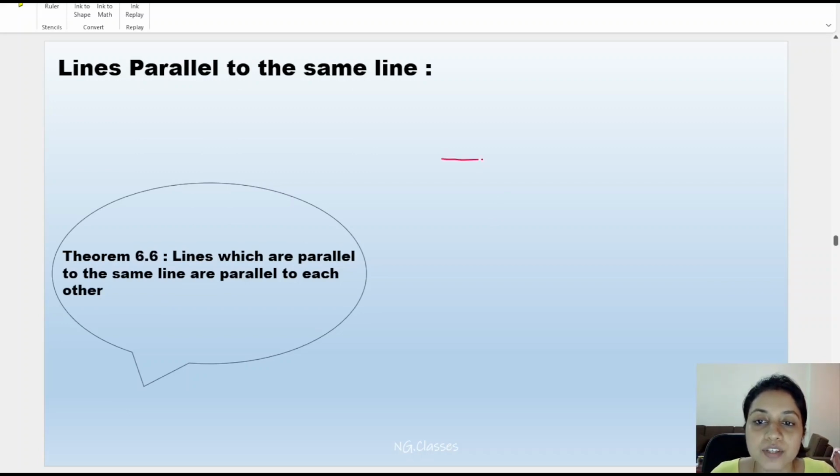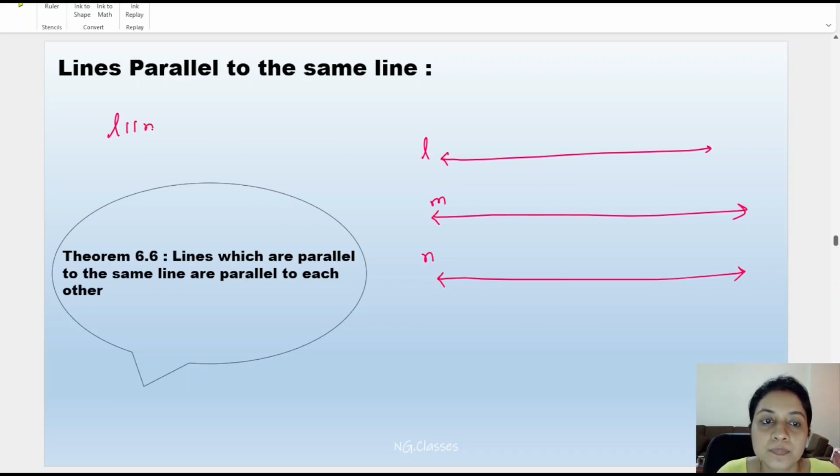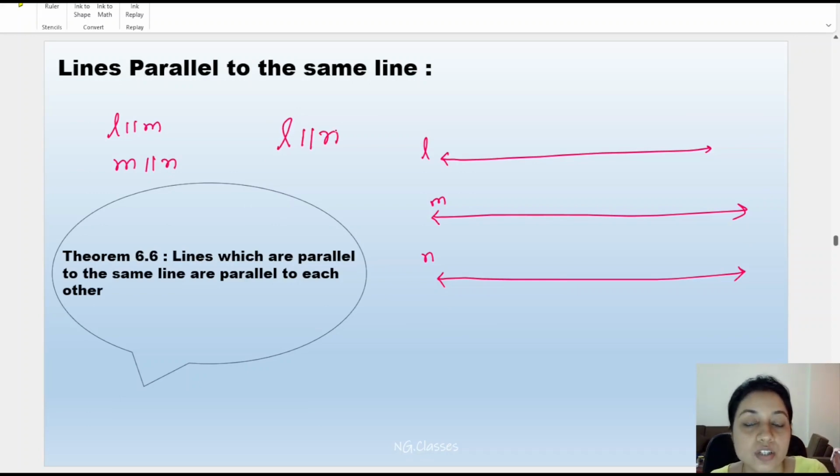So let's say we have one line L, one line M, and one more line, that is line N. Now here, if L is parallel to M and M is parallel to N, then we can say L and N are also parallel with each other. All three lines are parallel with each other.